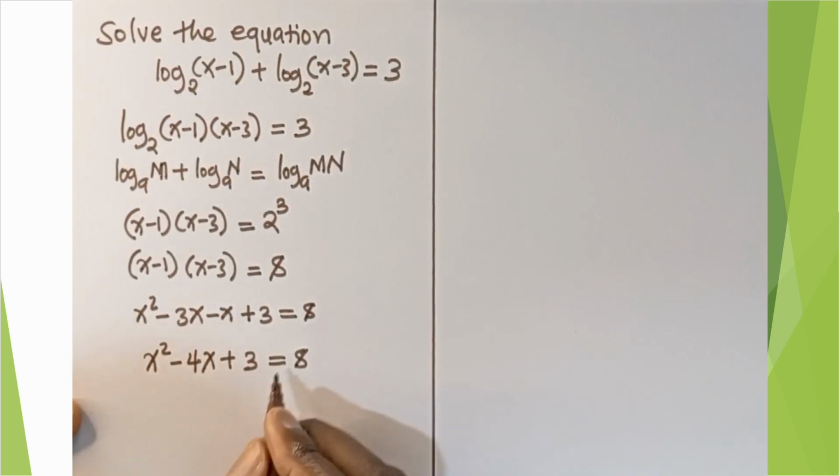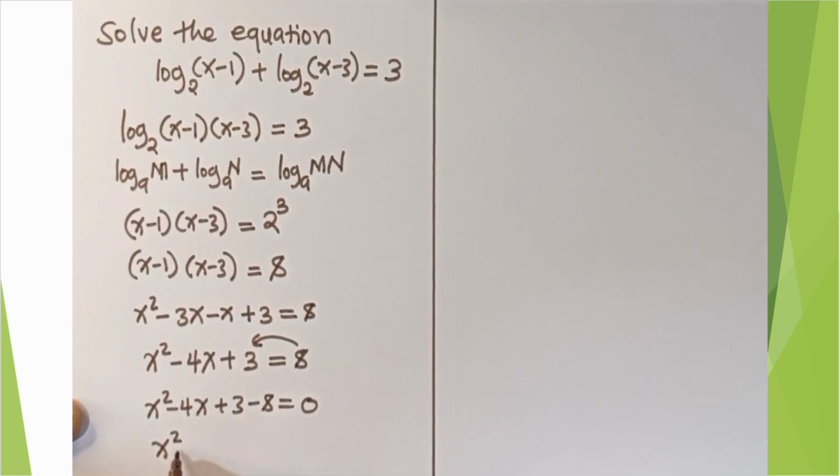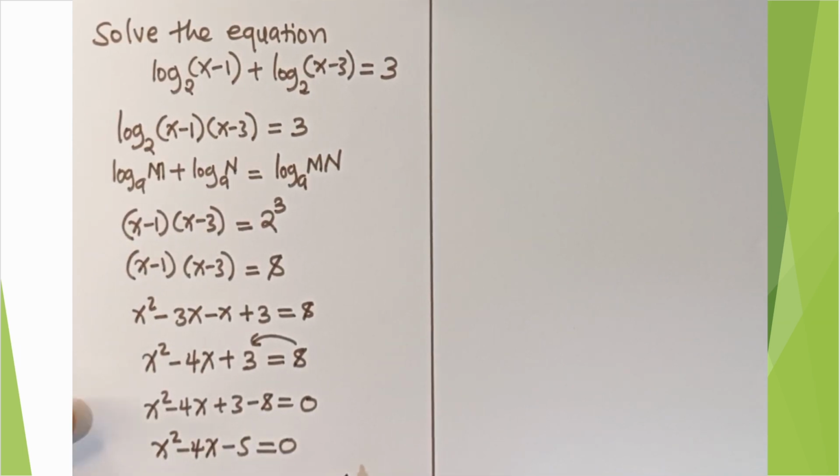So we are going to collect like terms together by bringing 8 to this side. So we shall have x squared minus 4x plus 3 minus 8 is equal to 0. Simplifying this, we have x squared minus 4x, and then minus 5 is equal to 0.